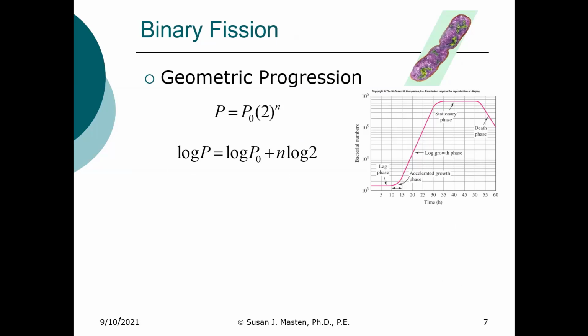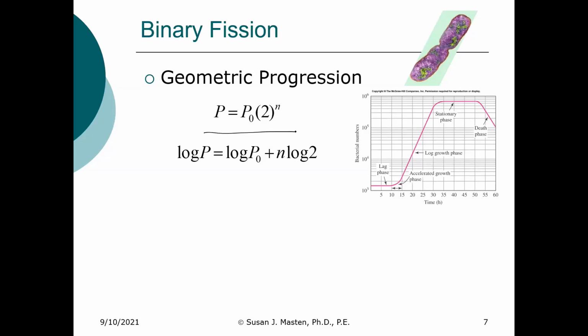When we're looking at bacteria, we model that most commonly with a geometric progression. Bacteria divide by binary fission. So one organism becomes two organisms, become four organisms, become 8. So it makes sense from a biological perspective to use a geometric progression.